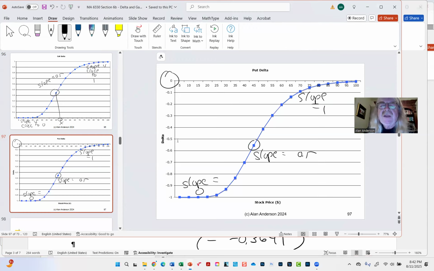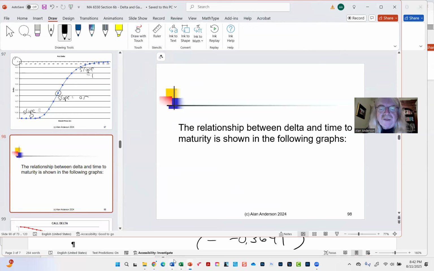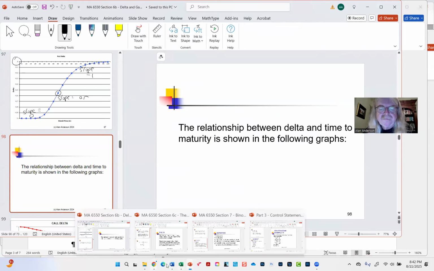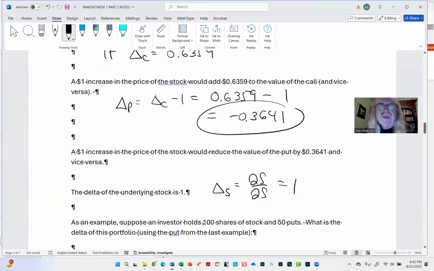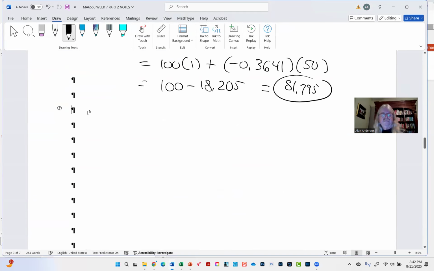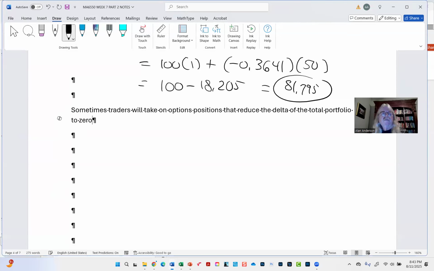Okay. By the way, if you're really nervous about what's happening in the market, sometimes traders will take options positions that reduce the delta of the total portfolio to zero. This means that the portfolio is risk-free. It can't change in value. That means it's risk-free, or at least it is for now.